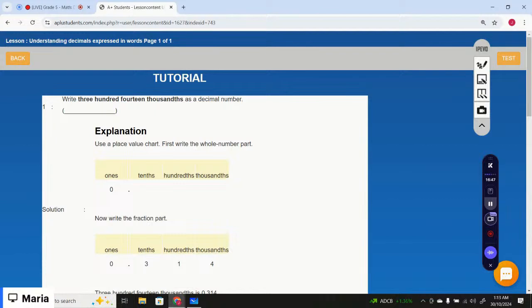Write 314 thousandths as a decimal number.